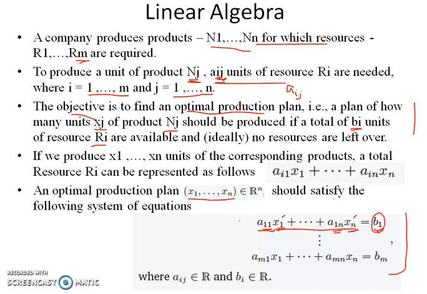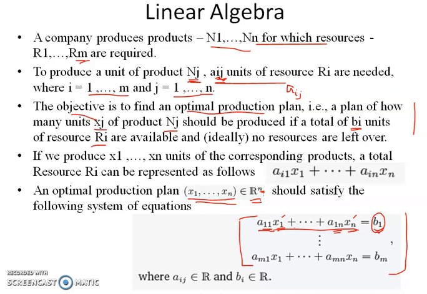Similarly, we will be having n systems of linear equations. From the given n system of linear equations, you need to find out a solution for this x1 to xn, which belongs to the real number Rn. And this n corresponds to the number of x variables.